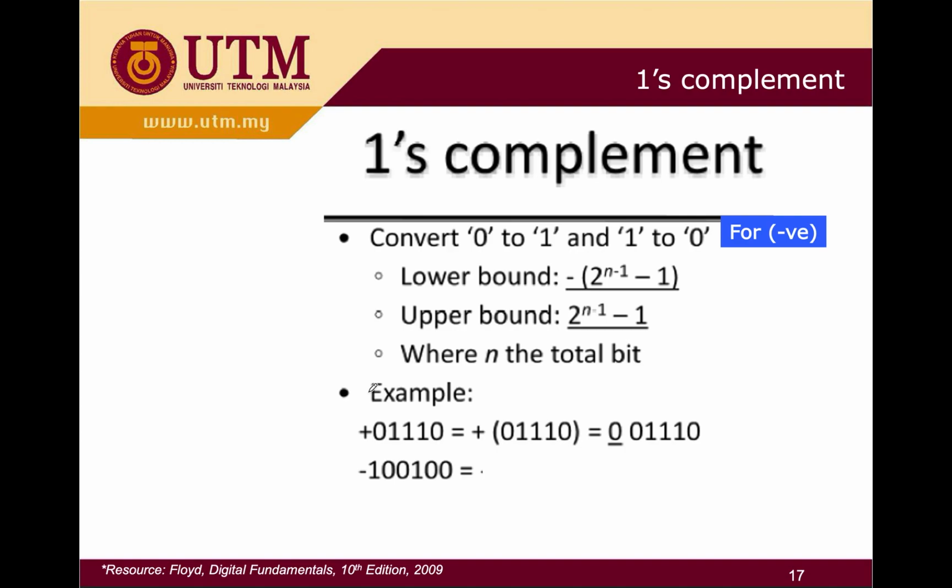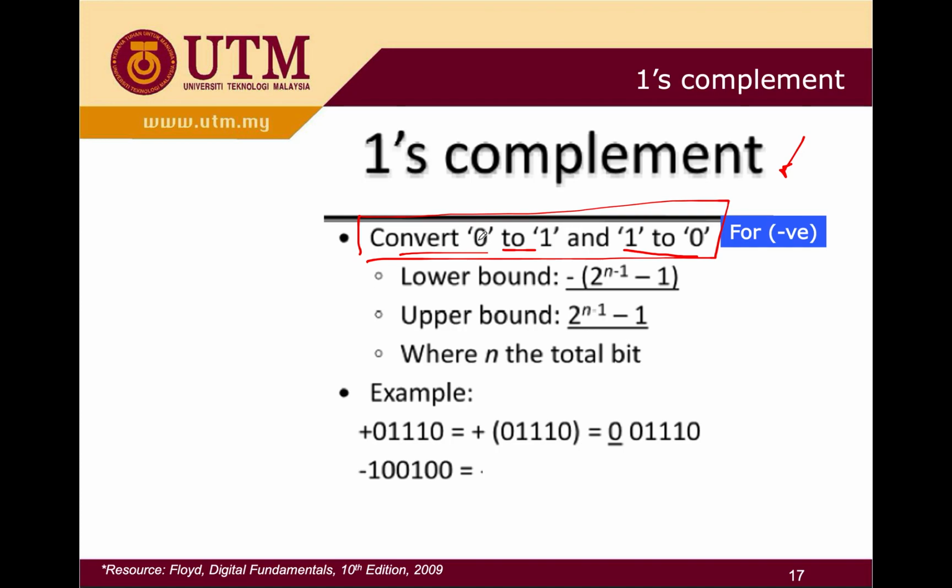Here is the first complement. How are you going to get it? Convert 0 to 1 and 1 to 0. This is the method for the first complement. You're going to change everything in the number given.